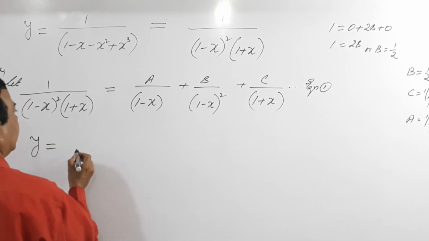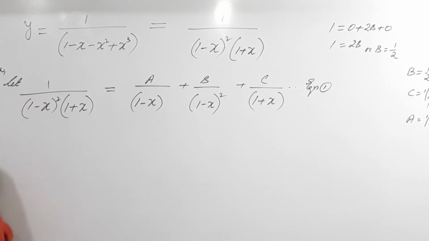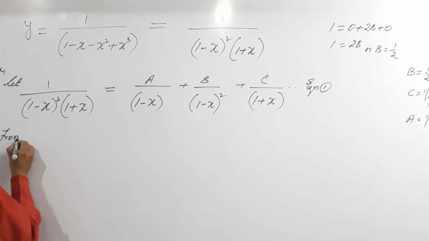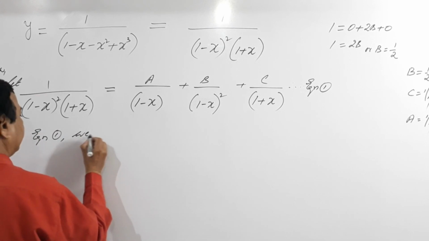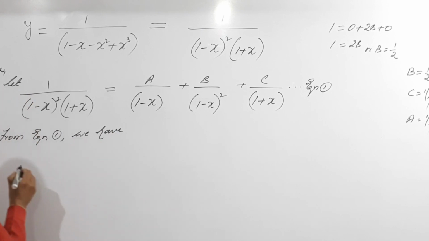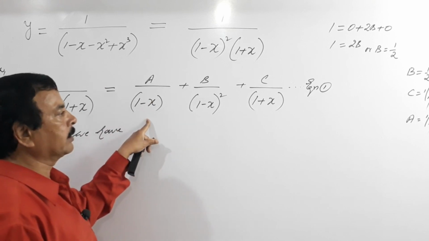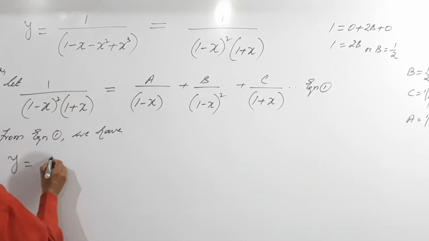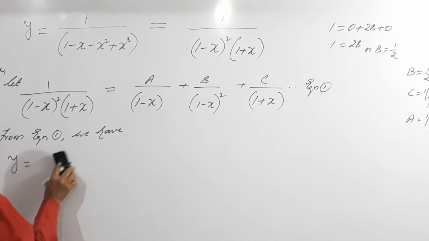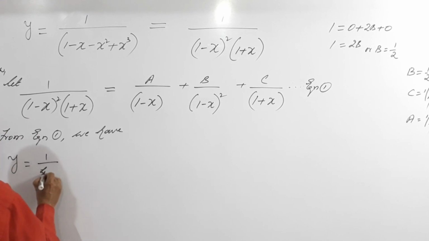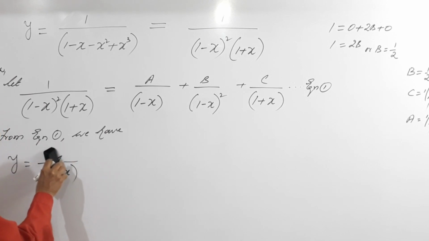That is y equals, this is our equation. From equation 1 we have y equals a by (1 plus x), plus b by (1 minus x) the whole square, plus c by (1 minus x). What is a? a is 1/4, so 1/4 into 1 by (1 minus x).